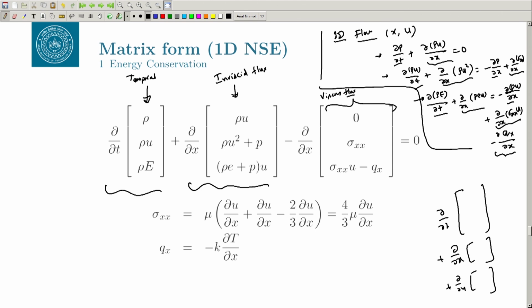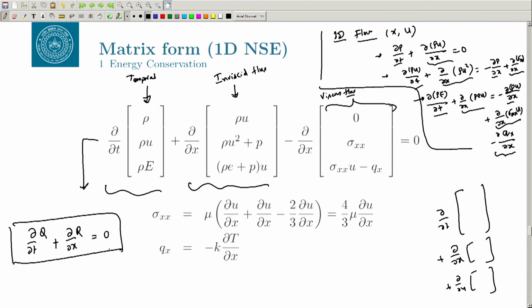Why I have written in this form is because, let us say, if you want to solve only for the inviscid flux, you can write this entire thing as d by dt of q plus d by dx of, let us call it r, whatever it is, equal to 0, where q is rho, rho u, rho E, and r will have all the terms that we have here, the inviscid part and viscous part.